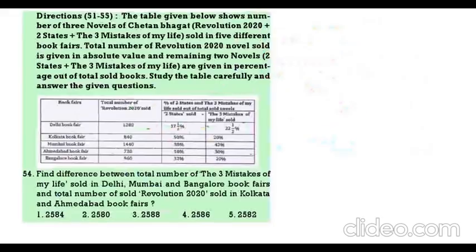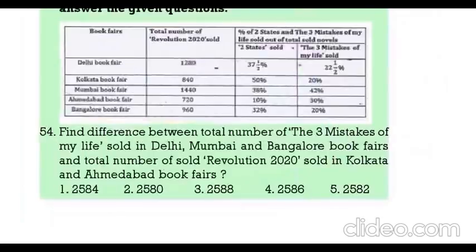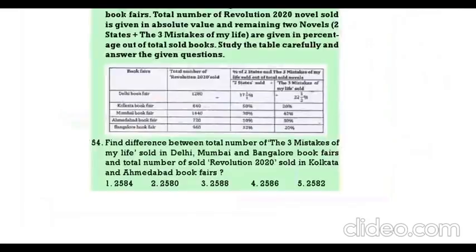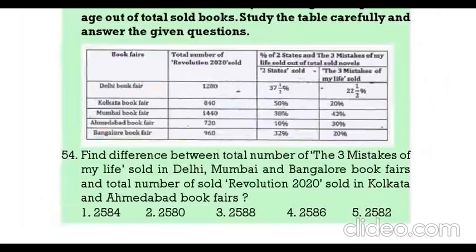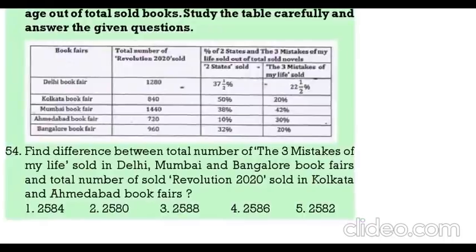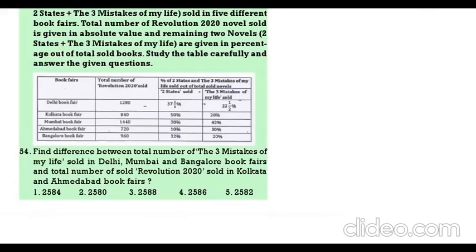See the next question. Find the difference between the total number of 3 Mistakes of My Life sold in Delhi, Mumbai and Bangalore. Now 3 Mistakes of My Life sold in which places?